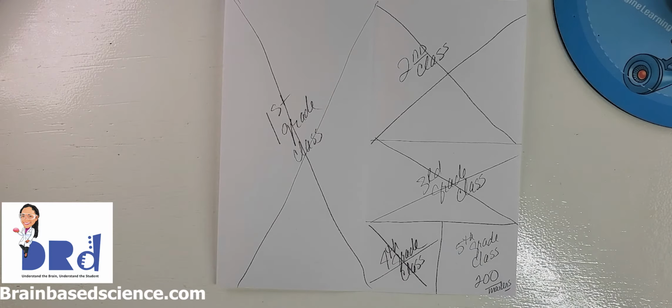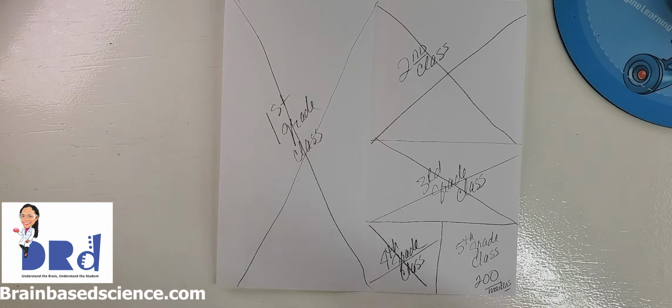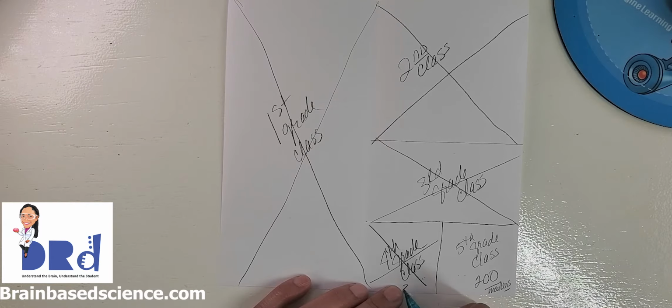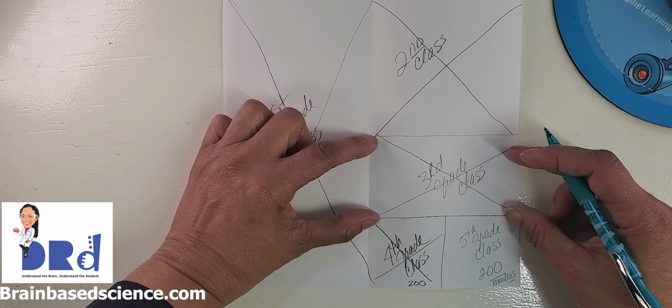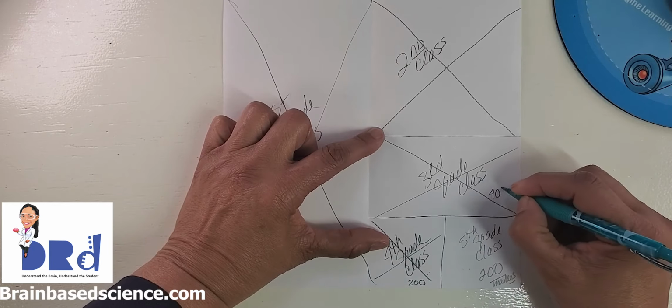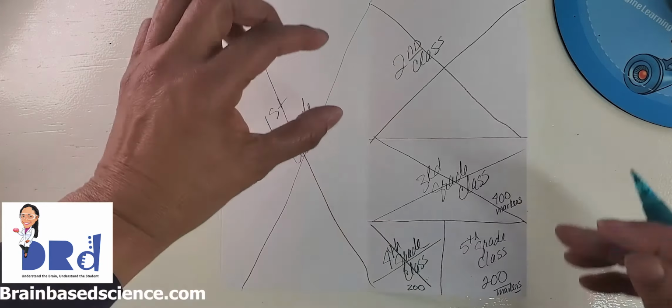So now the kids can look at it visually and see how many markers each class got by comparing the sizes. Since these two sizes are the same, this must also be 200 markers. Since this piece here is equivalent to this, this must be 400 markers. Since this is half and this is half, this must be 400 plus 200 plus 200.